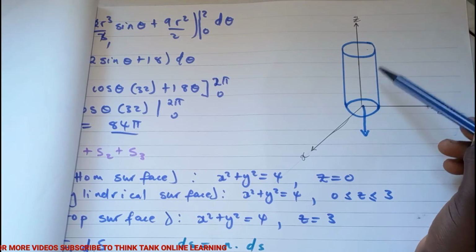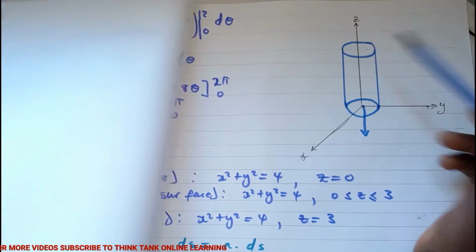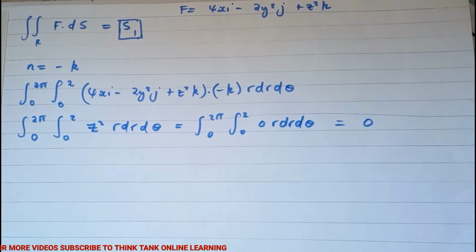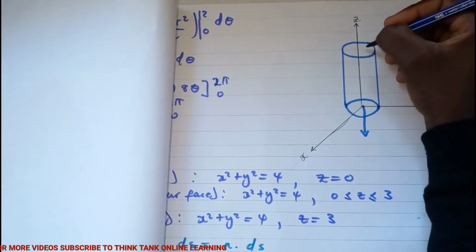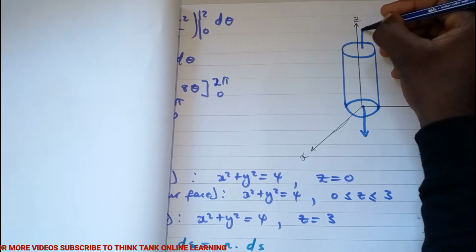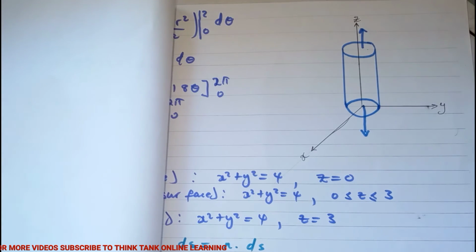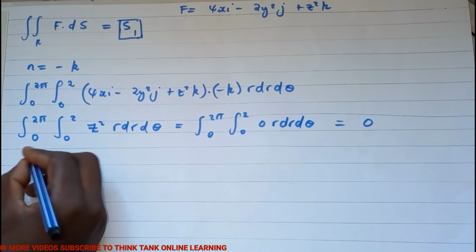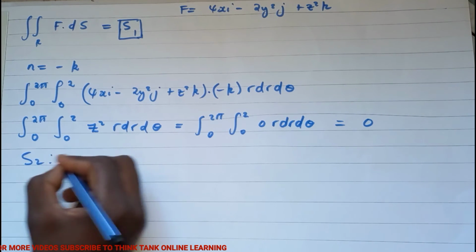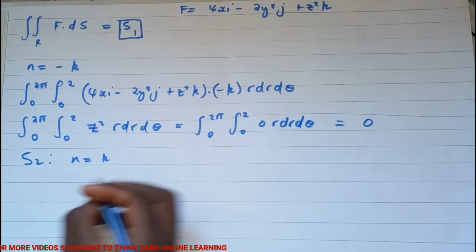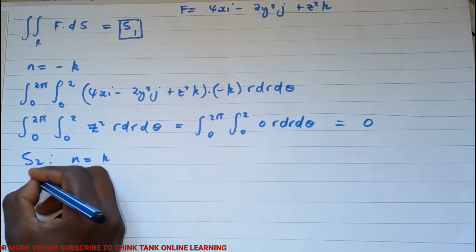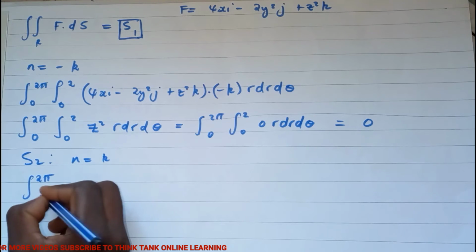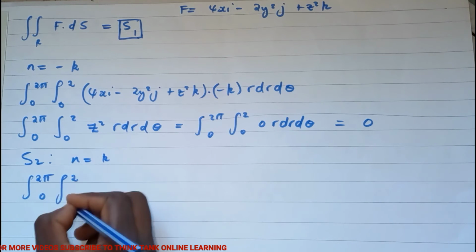For the meantime, I'm going to the third surface, which is easier. So for the third surface, what is the normal? We have the upward normal in this direction. In this upward normal, z is increasing, so the normal for this surface is positive k. So I'm just going to have a double integral, 0 to 2 pi, 0 to 2.